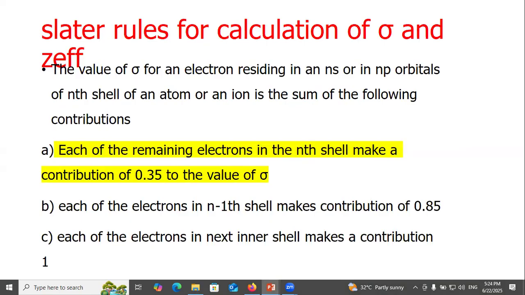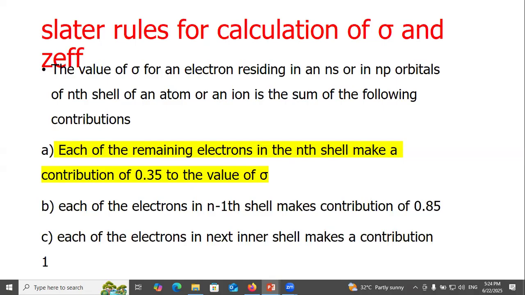The value of sigma for an electron residing in an ns or np orbital of the n shell of an atom or an ion is the sum of the following contributions. Each of the remaining electrons in the n shell makes a contribution of 0.35 to the value of sigma. Each of the electrons in the n minus 1 shell makes a contribution of 0.85.